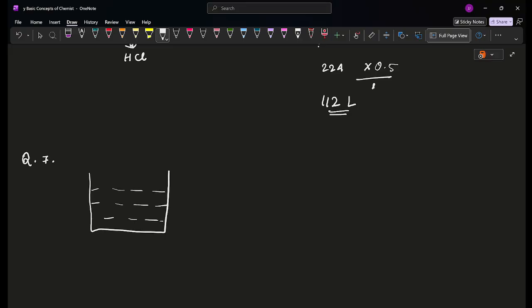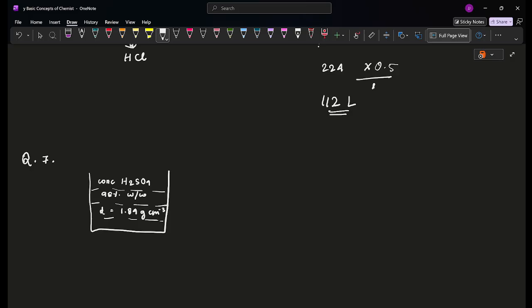Concentrated H2SO4 is 98% by mass and has a density of 1.84 gram per centimeter cube.